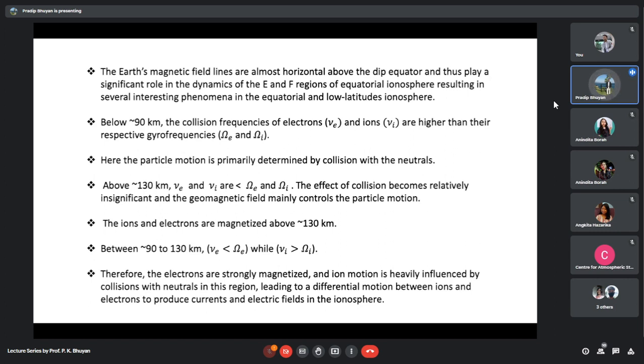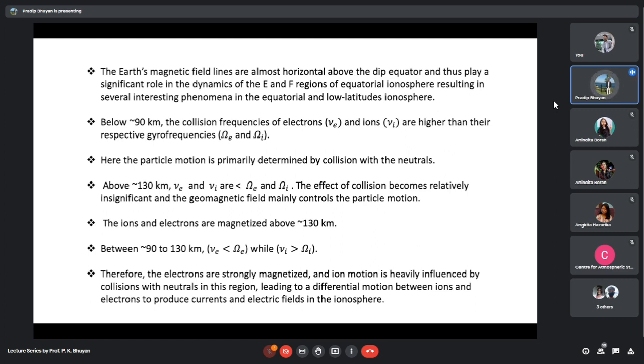So between 90 and 130 kilometers, that means in the E region, something different happens. The gyro frequencies are the same for electrons and ions everywhere, but what is happening is that nu E and nu I are different.